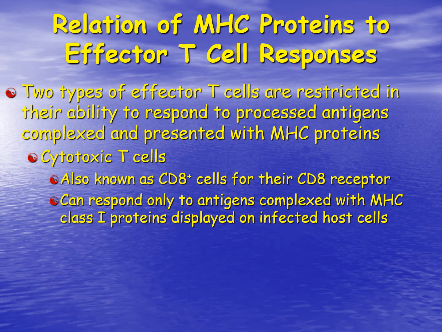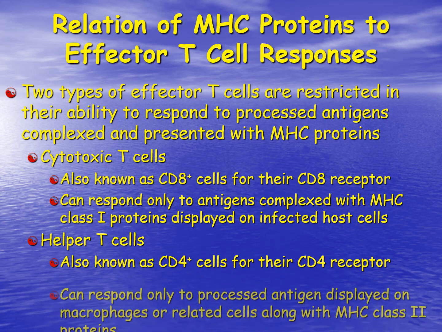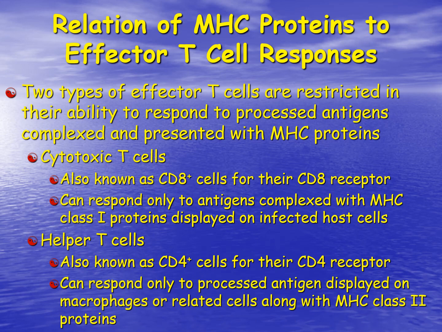Again, these can only respond to antigens complexed with the MHC class I displayed on infected host cells, so self cells that are abnormal. Helper T cells, also known as the CD4 cells, can respond only to processed antigens displayed on macrophages or related APCs, along with the MHC class II proteins.